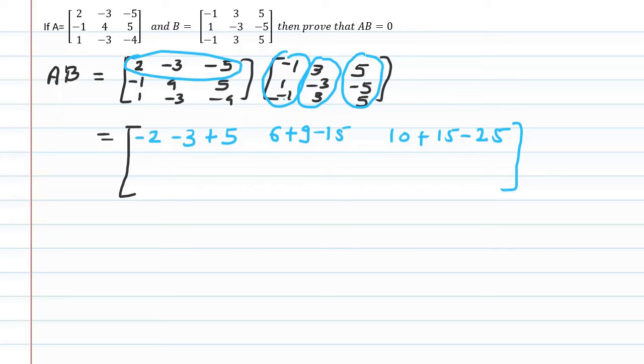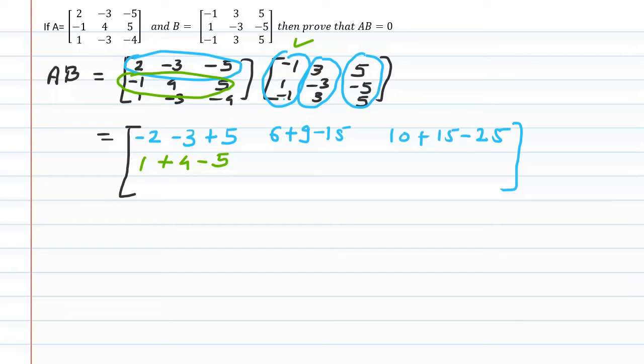Then I will select the second row and multiply it with the first column, then the second column and then the third column. Let me multiply the second row with the first column first. -1 into -1 is plus 1, then 4 into 1 is 4, then 5 into -1 is -5.